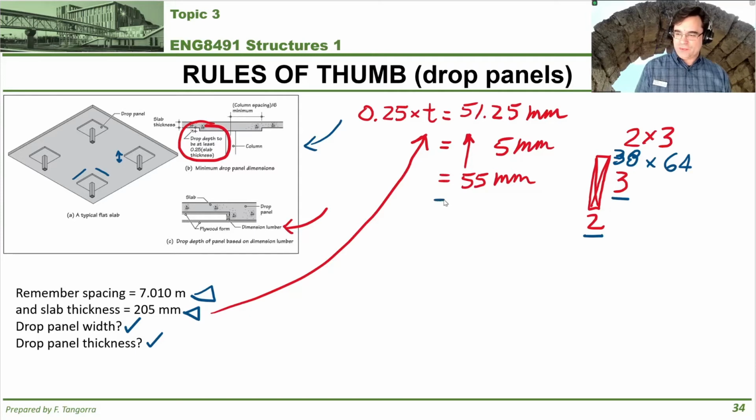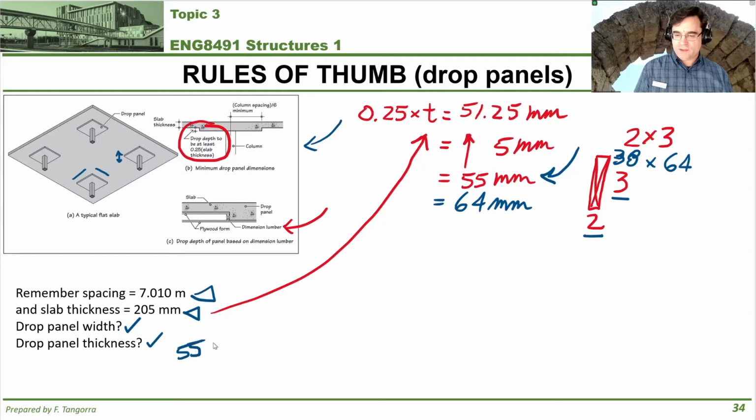So in fact, you would make this drop panel actually 64 millimeters. Okay? But for the purposes of this course, tests, and final exams, this is the acceptable answer. Okay, so now that we found the depth, I'm just going to write it right here.